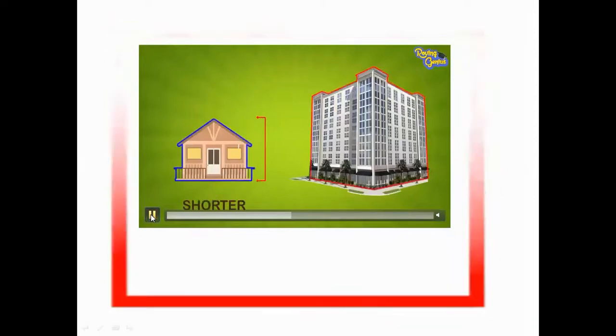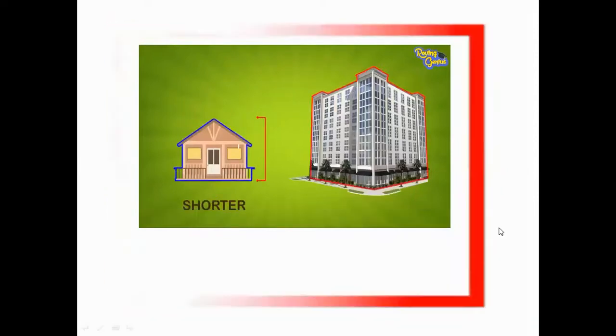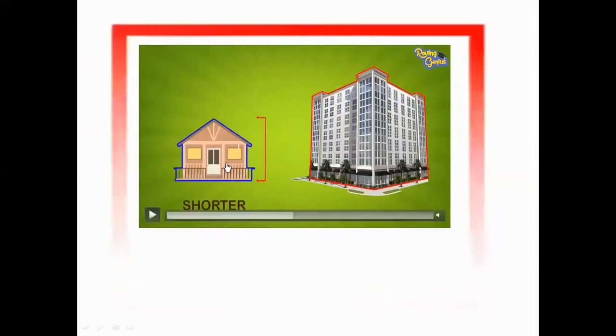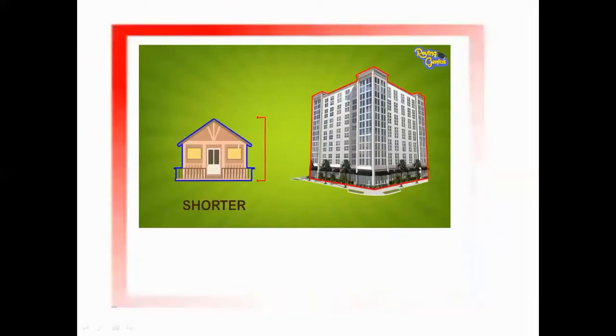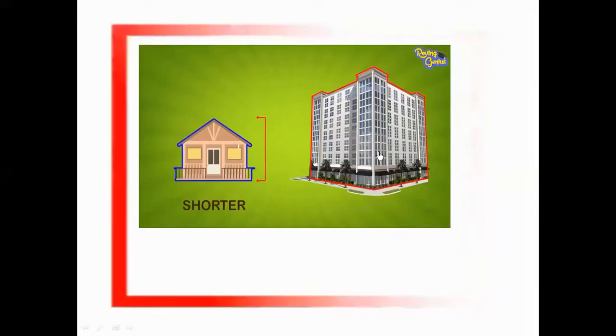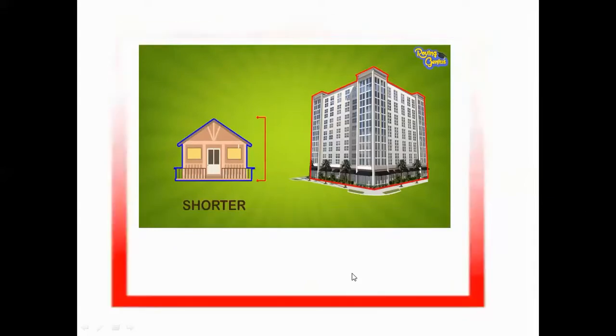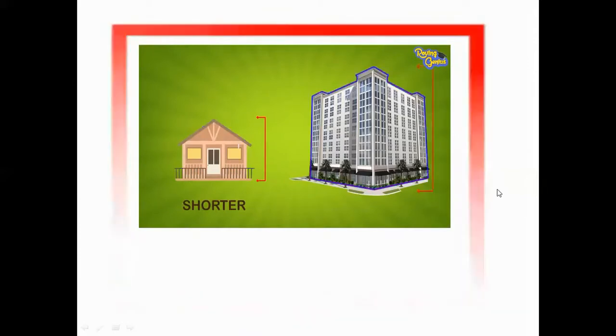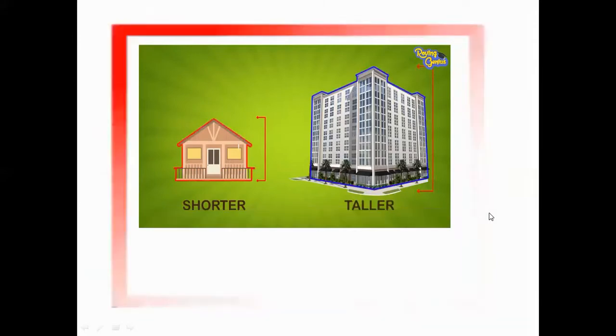Again, we are comparing two unequal heights. Look at this cottage. This cottage is shorter than this building. Understood? Compare the height of the cottage to the height of the building.